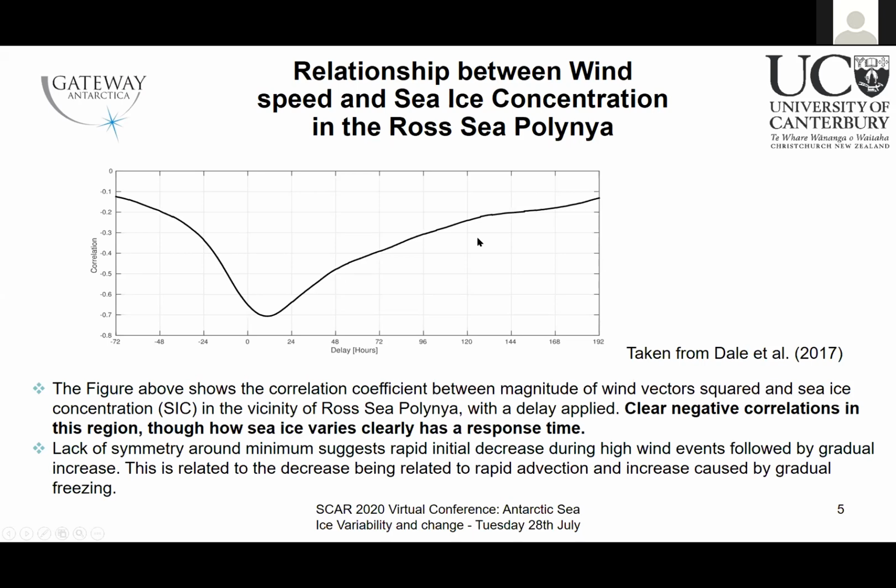So we've got a world where at some scales we have positive correlations between sea ice concentrations and winds, and other regions at smaller scales where there's a negative correlation.